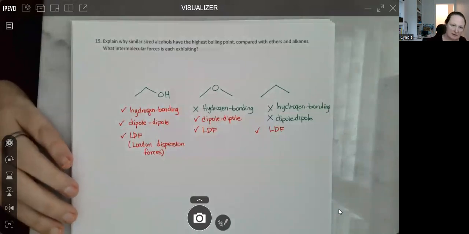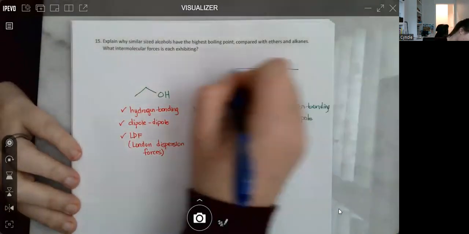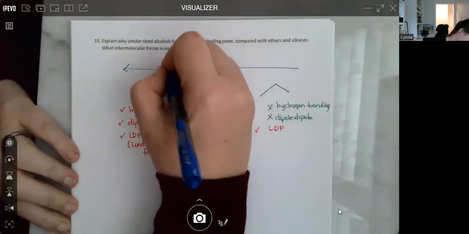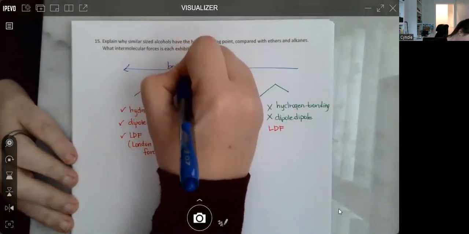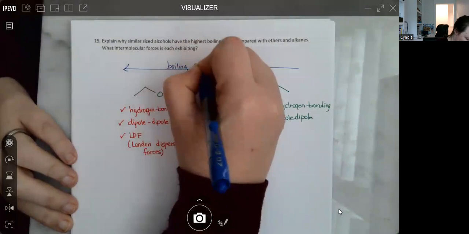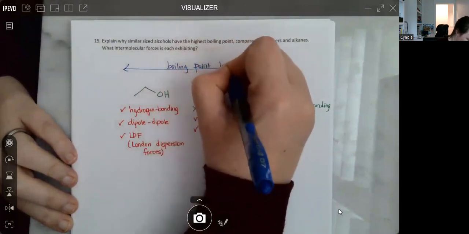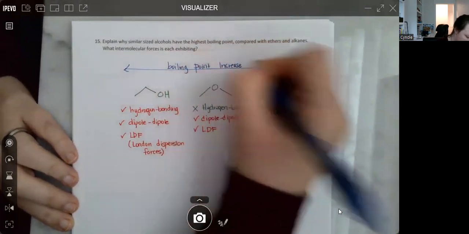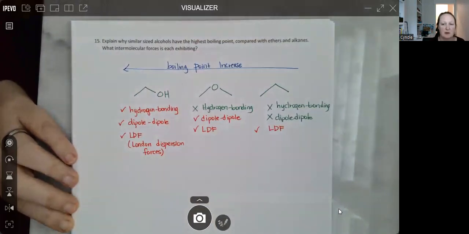So we would expect, for example, the boiling point to increase as we experience stronger and stronger intermolecular forces.